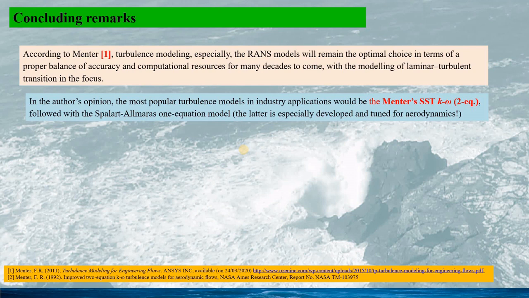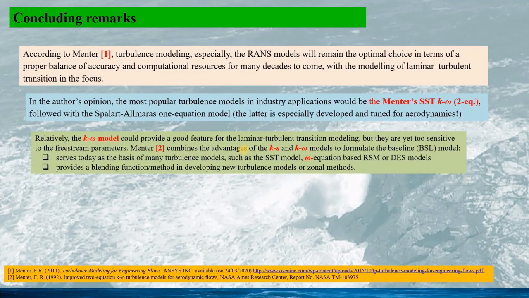The latter is especially developed and tuned for aerodynamics applications. Relatively, the k-omega models could provide a good feature for laminar-turbulent transition modeling, but they are yet too sensitive to the free stream parameters.